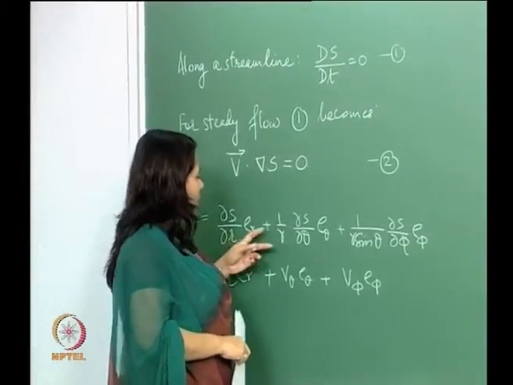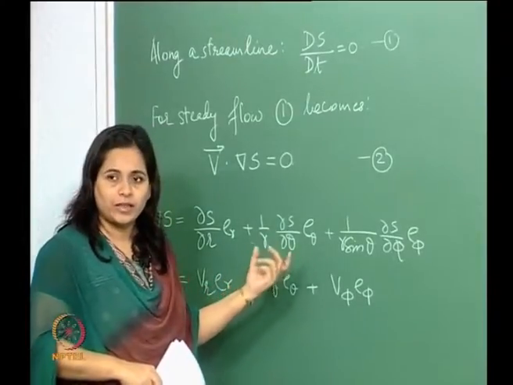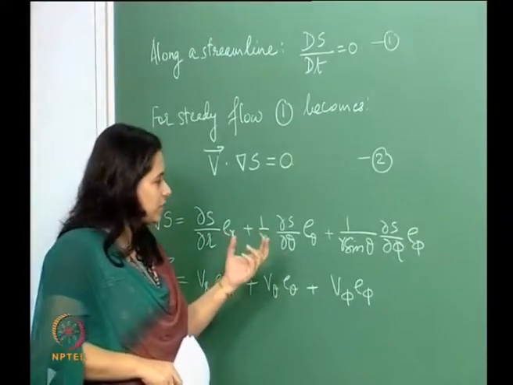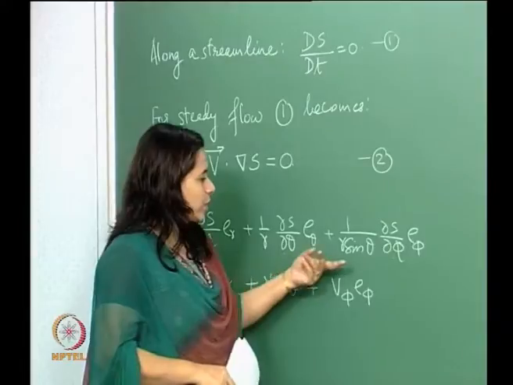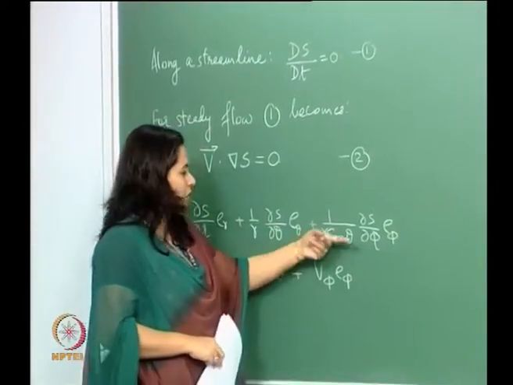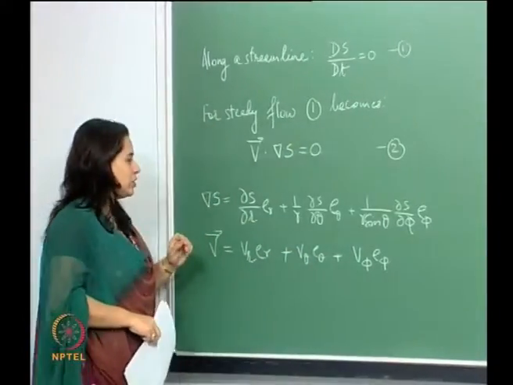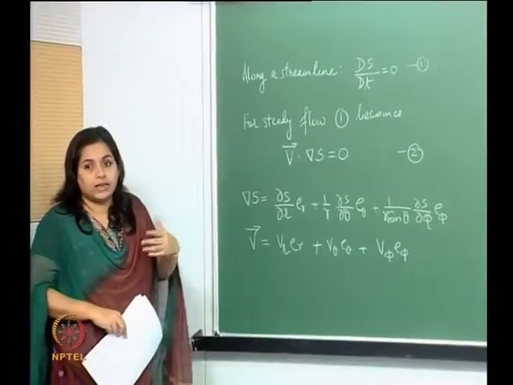Now, why is it not just del S del theta? This is the math part of it; the geometry part of it is easy to find out. I would request you to do that or consult a very basic standard text, and this should make sense. You do that once and then just take these equations as they come.